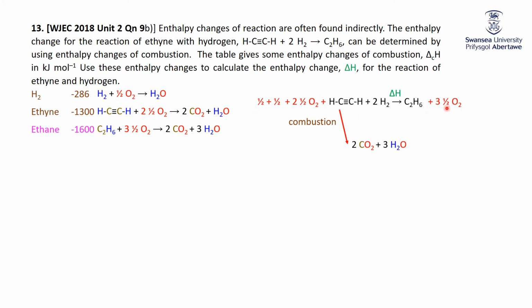Well, fortuitously, that 3.5 O2s is exactly what you need to combust C2H6. So now I can go from here down to that same combustion process. So I have created my little triangle, but I haven't just written it out. I've actually thought about what I have to do formally to make this combustion triangle.